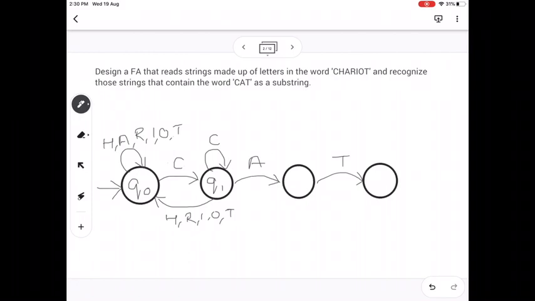Now, next state I will label it as Q2. At Q2, for T is already done. Now, if I get C at Q2, if I go back, see what happens. If I draw a transition from Q2 to Q1 for input C, see here how it works.